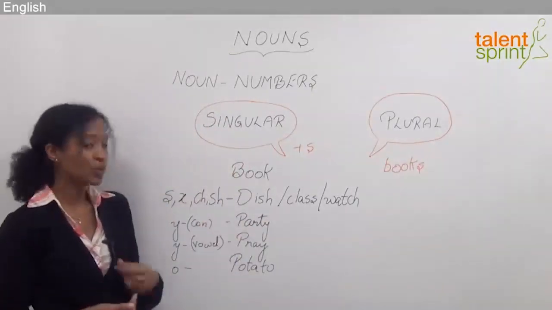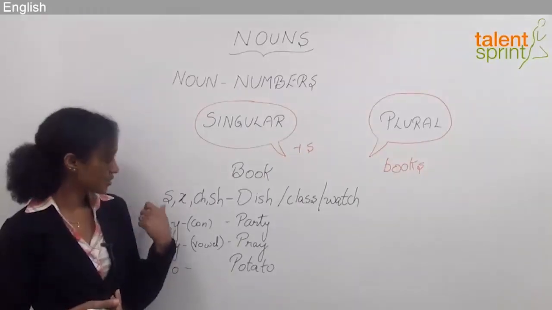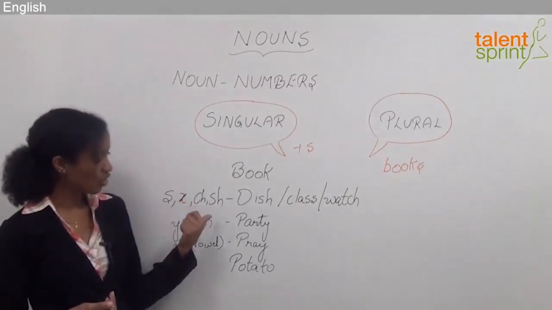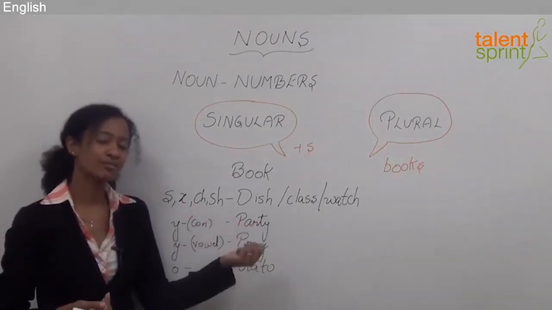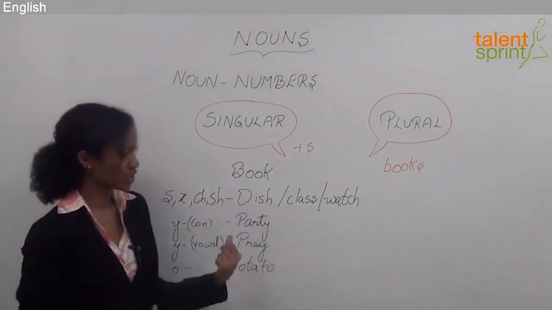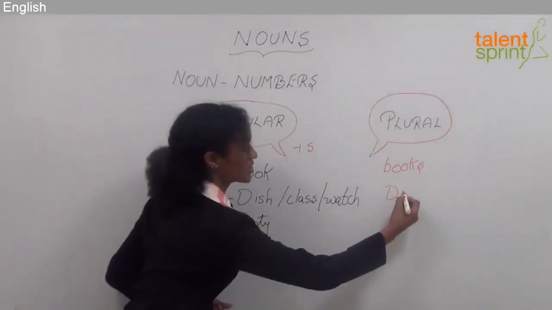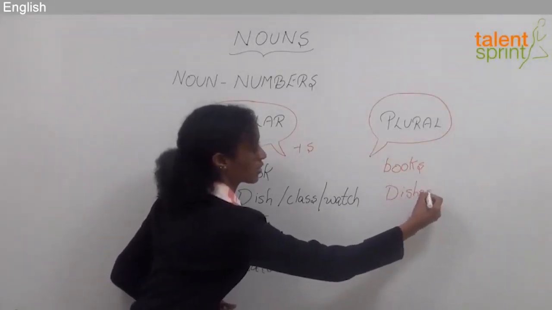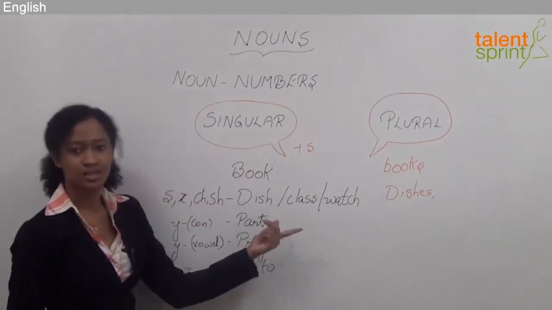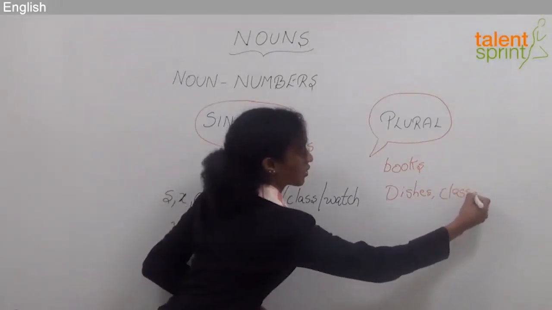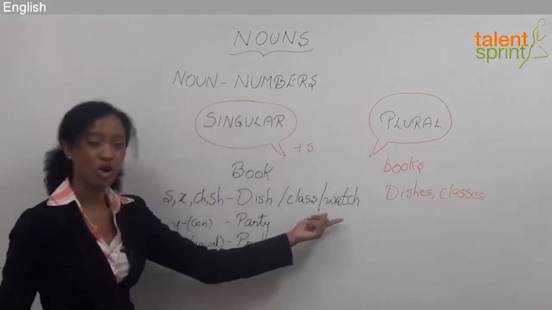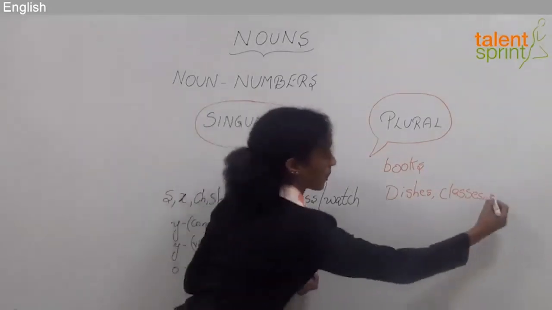Alright, now with words ending with s, x, ch or sh, you just add es to make it plural. So for example, dish will become dishes, class will become classes, and watch will become watches.